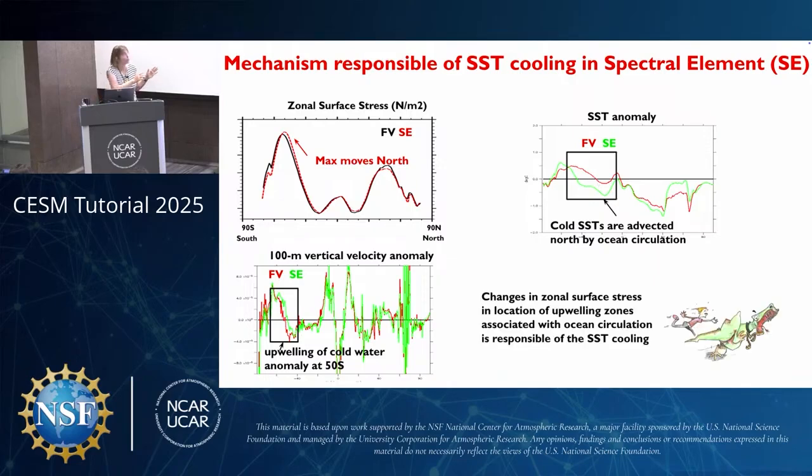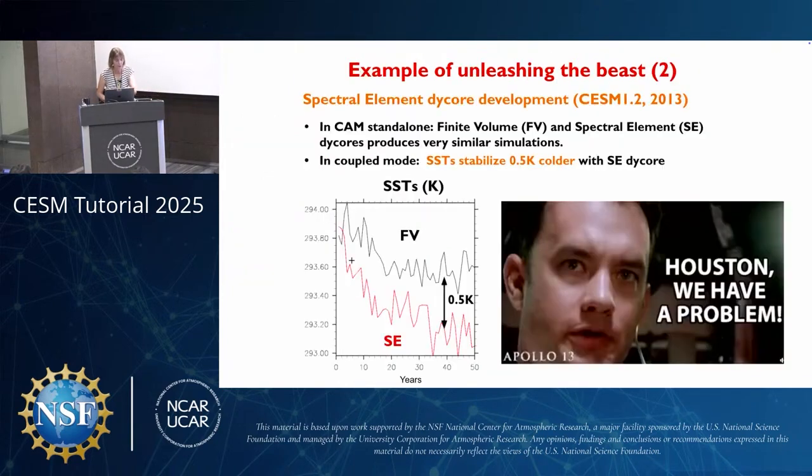Basically, it was this small change in the zonal surface stress, located near the upwelling zone and carried over by the ocean circulation, that was responsible for the SST cooling that I was just showing here.